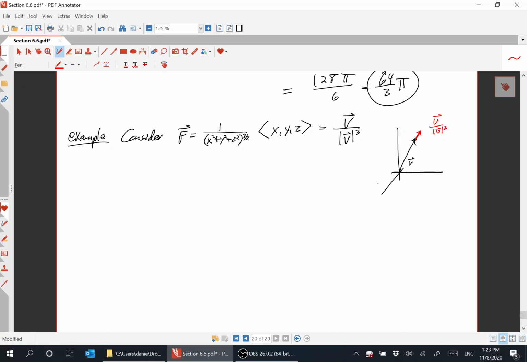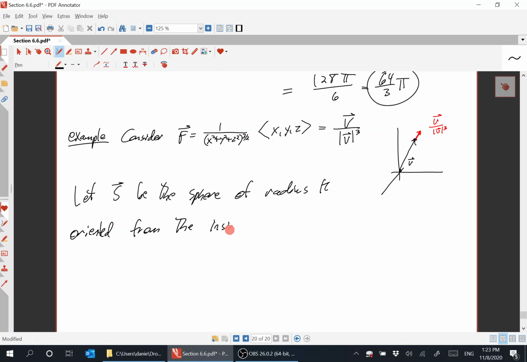Okay, so now let S be the sphere of radius k oriented from the inside to the outside. Now I'm going to go to F dot n.